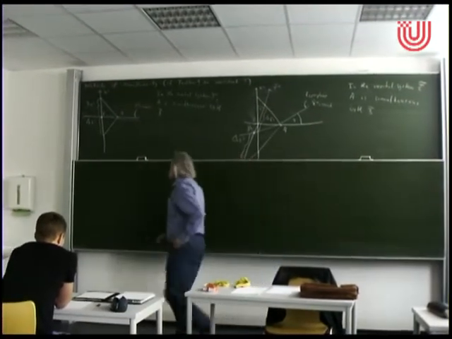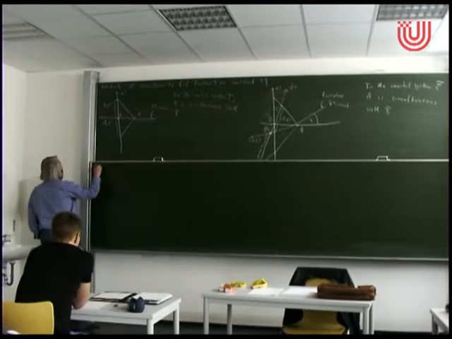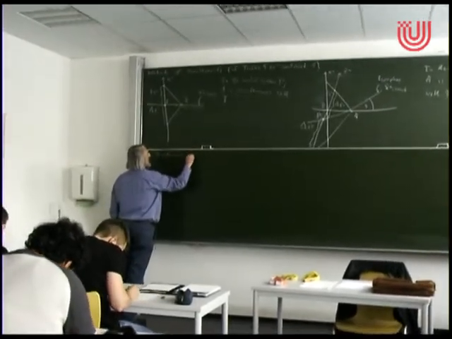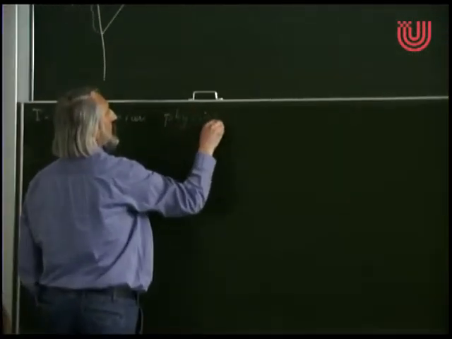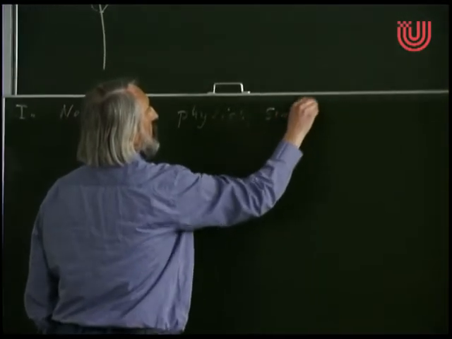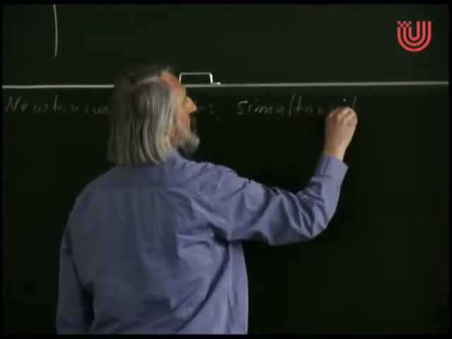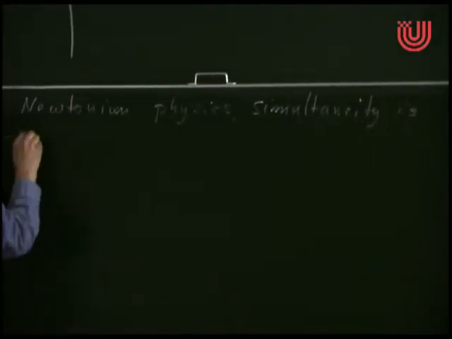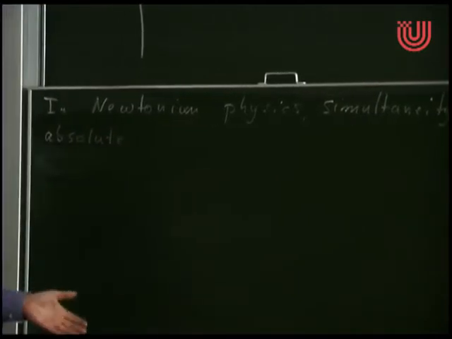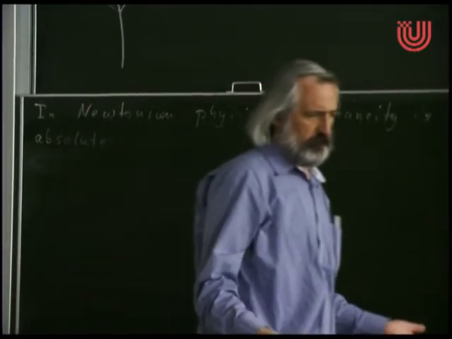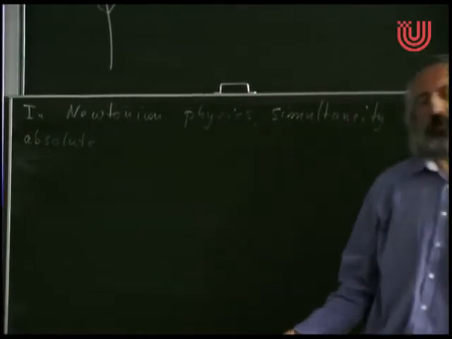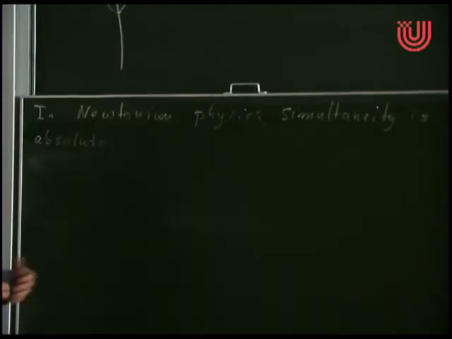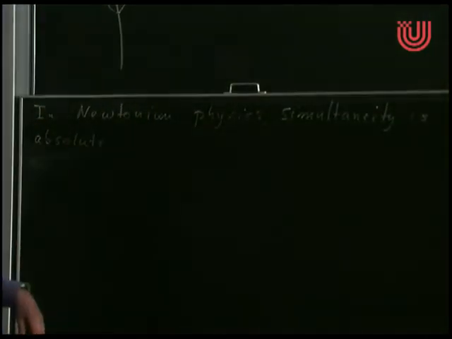Okay, so let me write this down. So in Newtonian physics, simultaneity is absolute. If you consider Newtonian physics in a space-time setting, which is perfectly well possible, it's not usually done, at least not in elementary courses, but it can very well be done. You can write Newtonian physics in this four-dimensional space-time language.